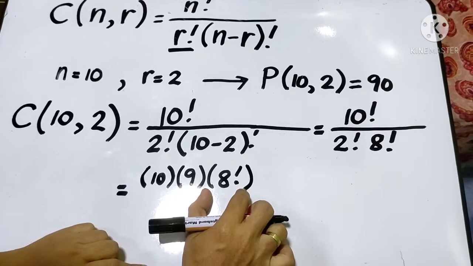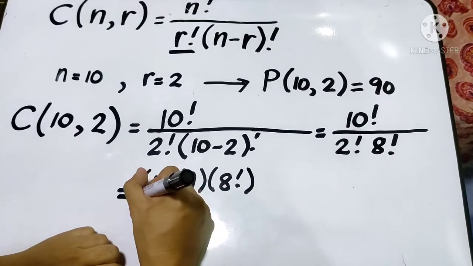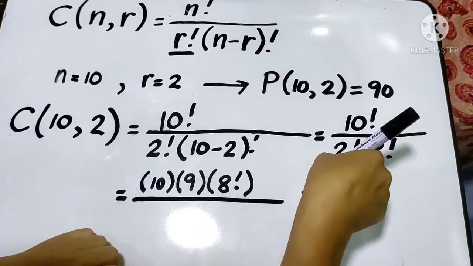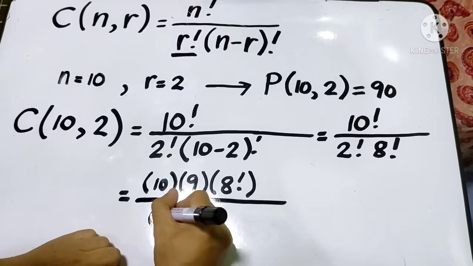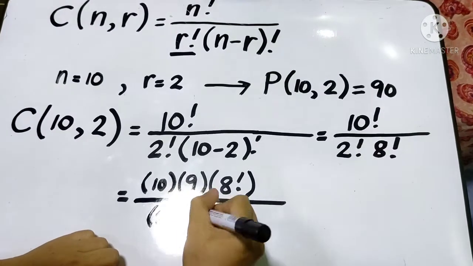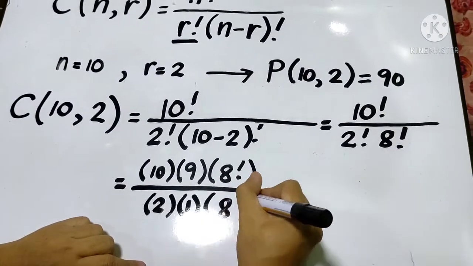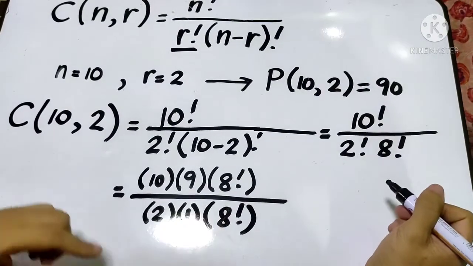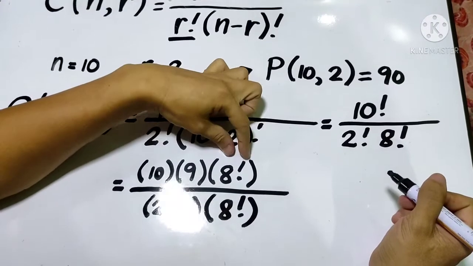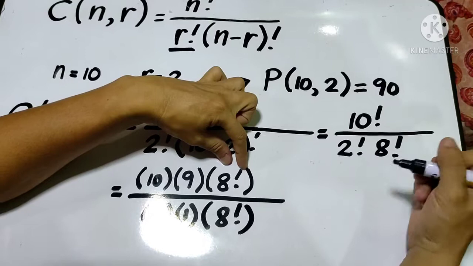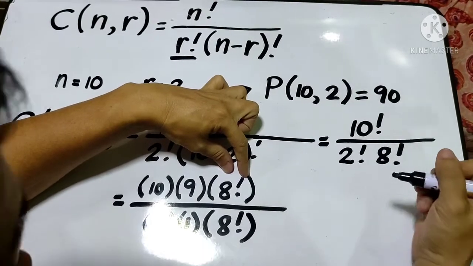It is because there is 8 factorial in the denominator. So you copy 2 factorial is equal to 2 times 1. Then copy 8 factorial. It could also be that 8 factorial will be expressed as 8 times 7 times 6 times 5 times 4 times 3 times 2 times 1.